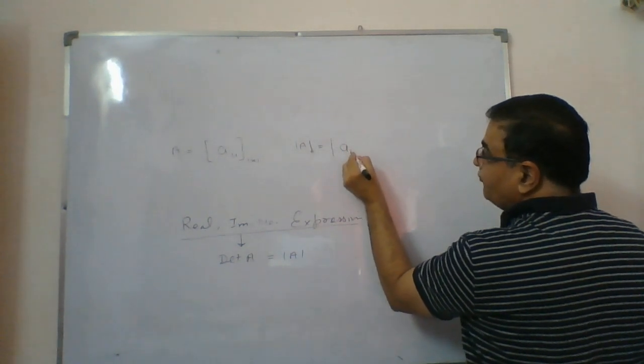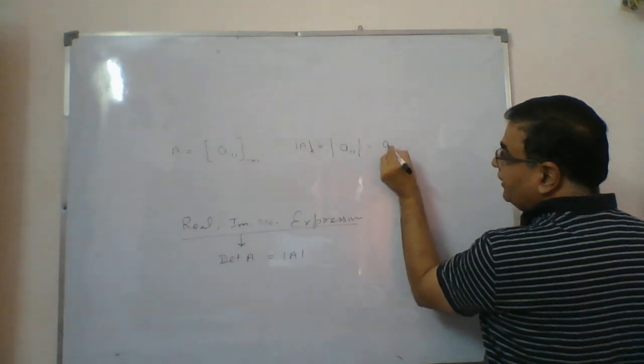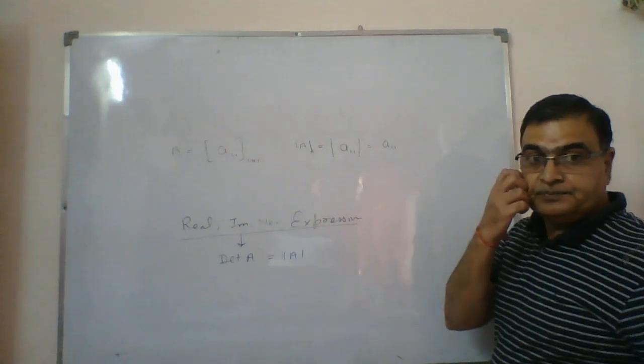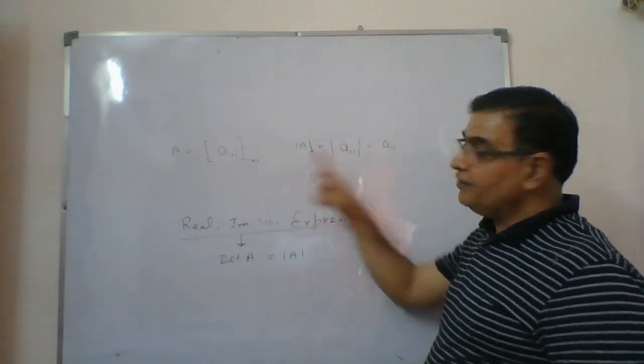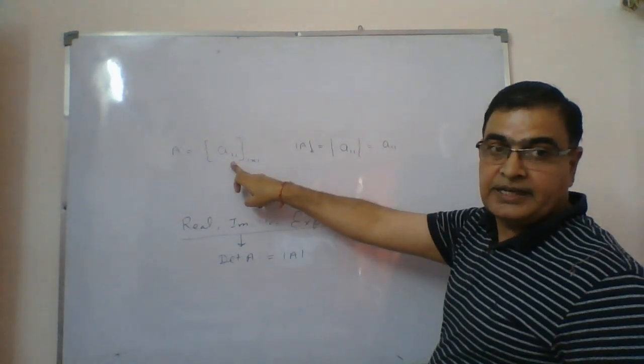It will be A11 and this determinant value is simply A11. So if it is a 1 by 1 matrix, it will associate with the same number which is there inside.